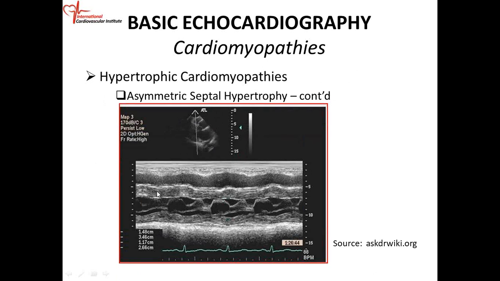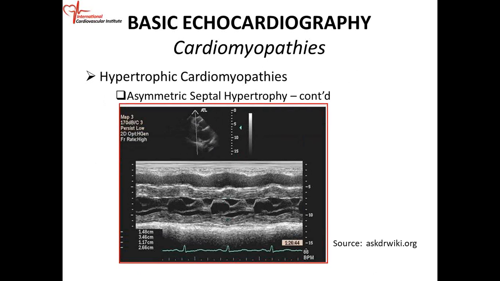Look at the septum. The septum is very, very thickened. You have your mitral valve right down here, and the posterior wall is thickened as well, but the septum is huge. You can just do your measurements. Each of these is 10 millimeters. So the septum is more than 20 millimeters, more than 2 centimeters. That's very, very thickened.